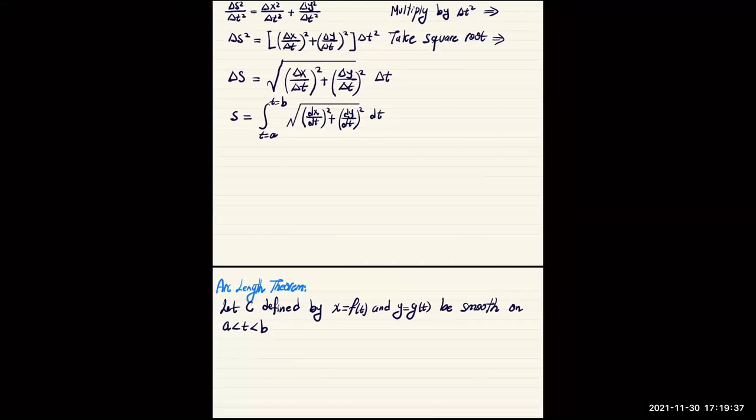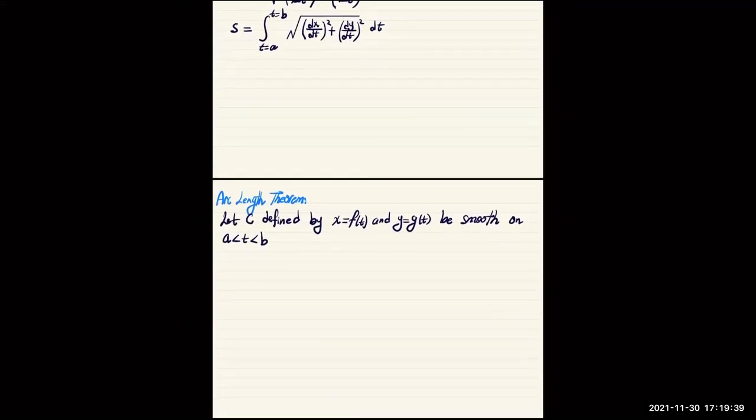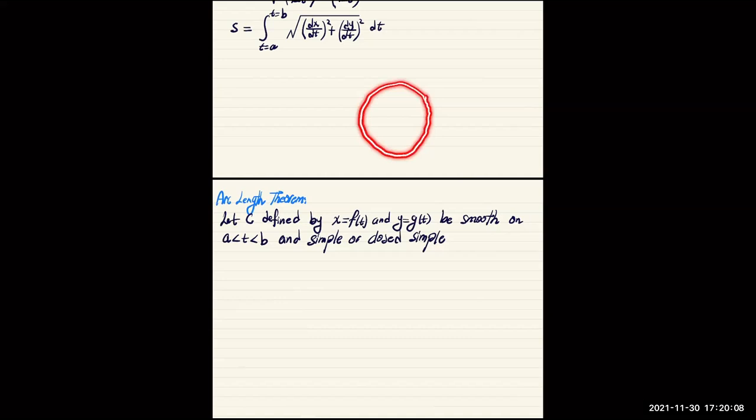Also, we want C to be simple. No intersection. Simple or closed simple. No intersection, no overlap. Because imagine, again, the circle example, you are trying to find the circumference of a circle.